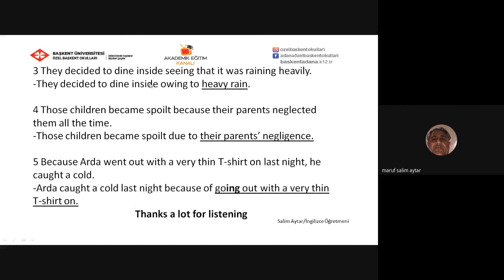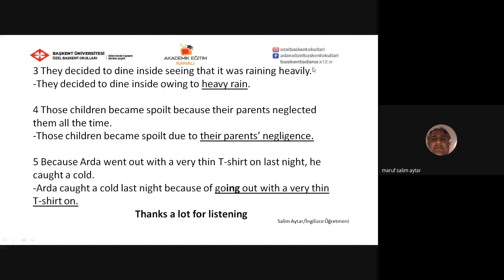They decided to dine inside owing to what? Owing to heavy rain, of course. Owing to its raining heavily is possible too. Owing to its, possessive s, owing to its raining heavily.